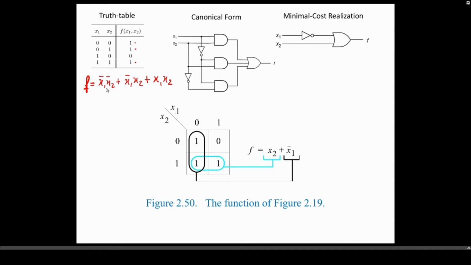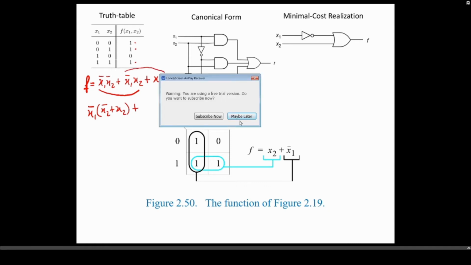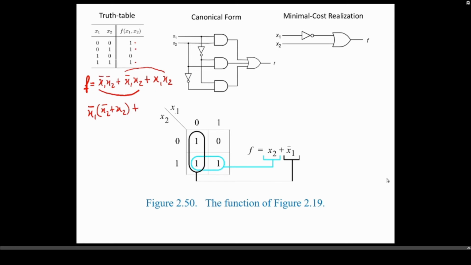And now if I simplify these by using Boolean algebra, if I massage this equation, I find one common term between these two terms, which is x1 negated. And I can reuse terms in Boolean algebra, and I can also find these two over here, which gives me x2 and x1 or x1 negated.